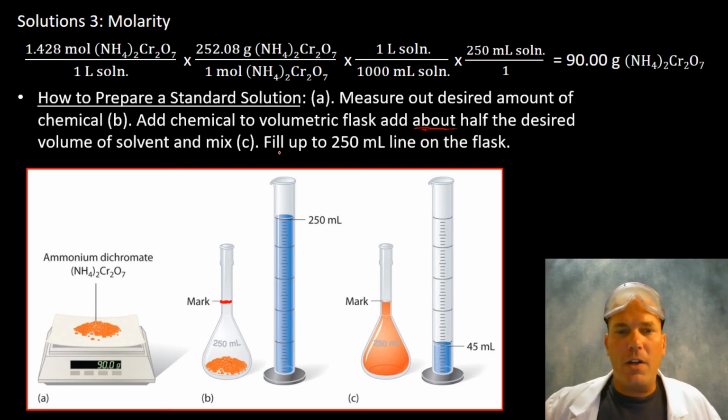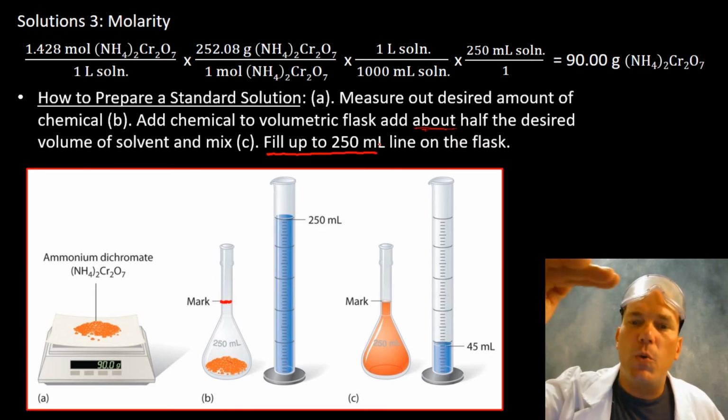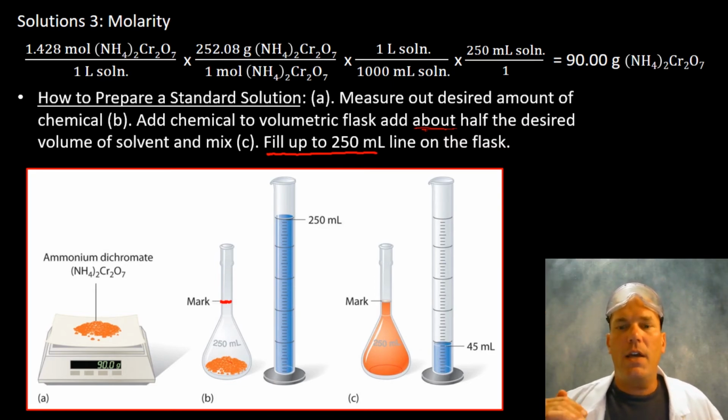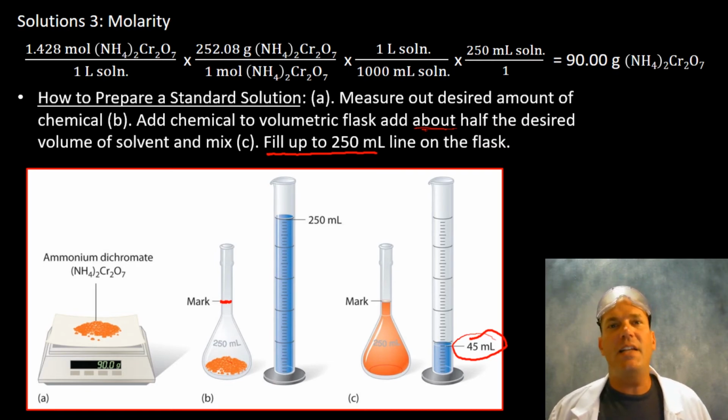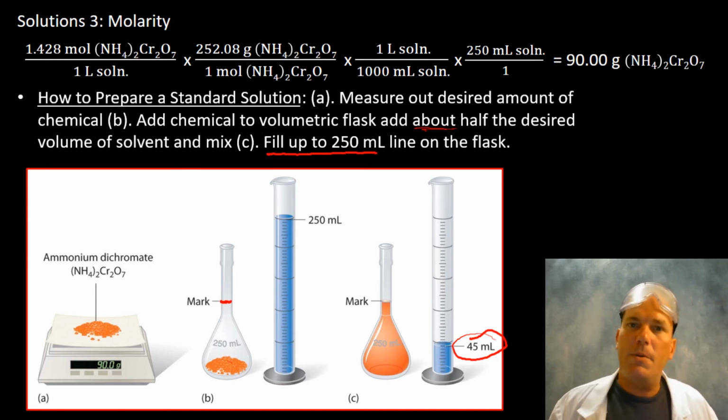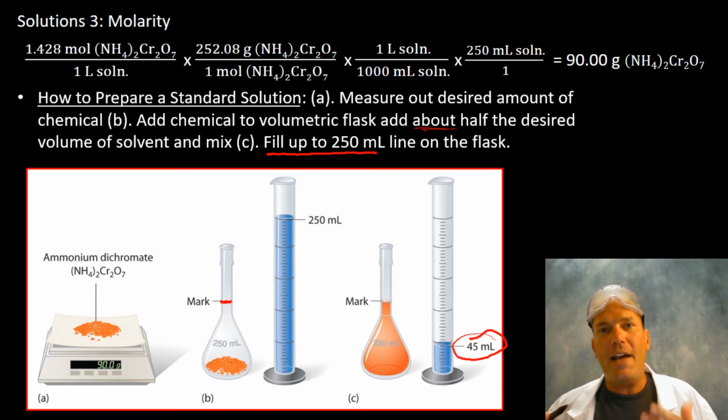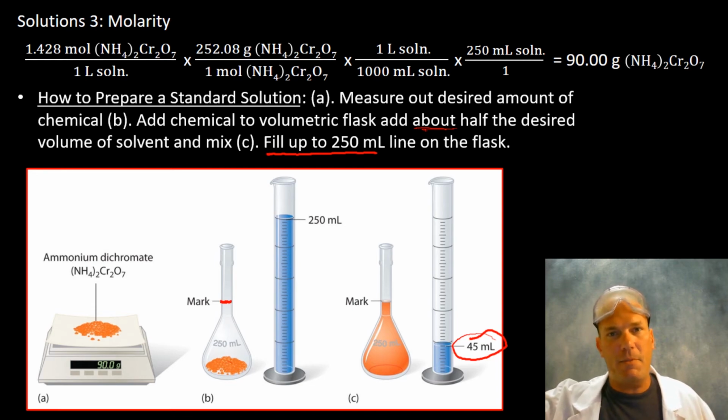Then, critical, you fill up to the line, okay? And as you can see in this image here, look, there's leftover solvent here. There's leftover water. That's because of the displacement of the solid ammonium dichromate that was put into the volumetric flask. It displaced some of it.